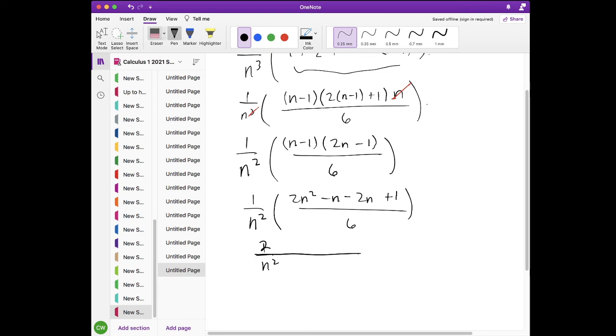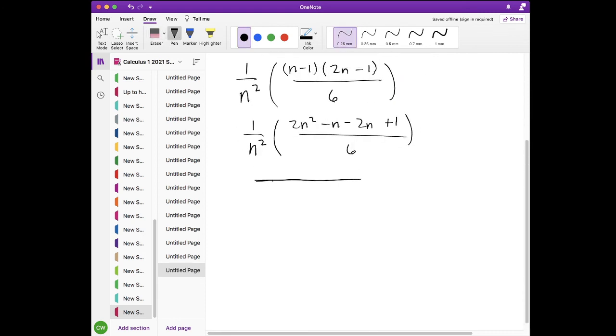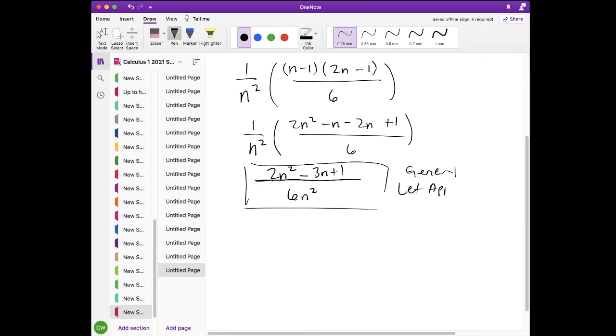All right, and someone tell me what this limit is. So this is the general left approximation formula for x squared on 0, 1.